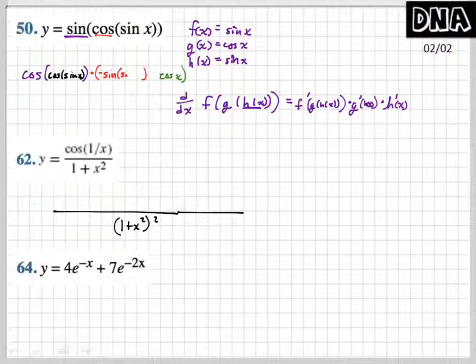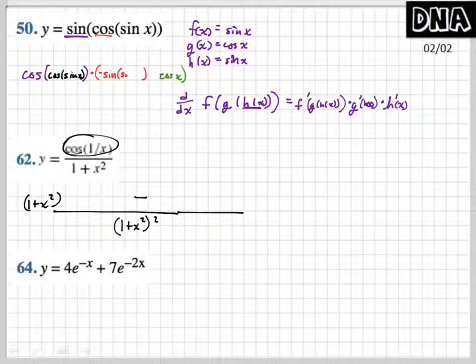Okay, now for the top, we're going to have minus here, and then we're going to take the derivative of the top times the bottom, and then we're going to take the derivative of the bottom times the top. So let's first take the derivative of the top and multiply it times the bottom. Okay, first let's just write the bottom out. So 1 plus x squared. Okay, we have to multiply it times the bottom.